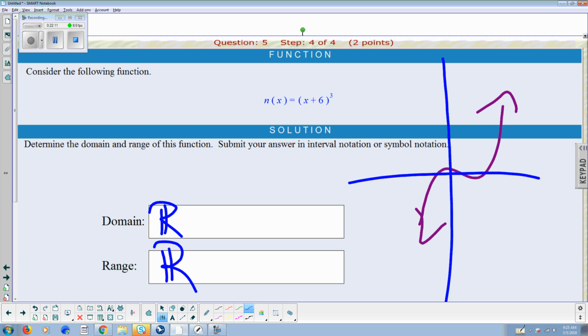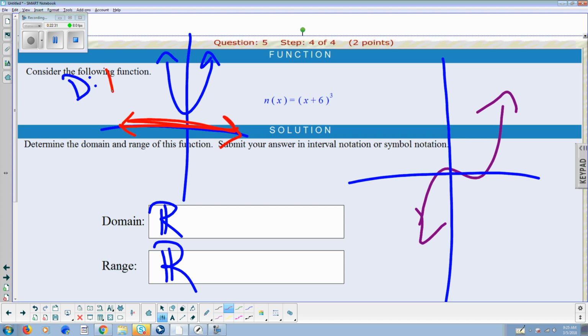Now, would a parabola have a domain and range of all real numbers? This was a cubic. What if our graph had looked like this? What about the domain? If I flatten this thing flat onto the x-axis, it would cover the whole thing. So the domain here would still be all real numbers. But what about the range?